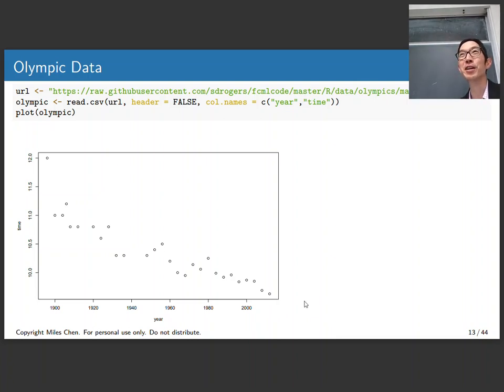I mean, certainly not forever; there's got to be some leveling off, but I don't know. They release new shoes, they figure out new materials to make the track out of, and I guess we can eke out a tiny bit of performance here and there. But this is what we have, and we might say, let's fit a trend line to this data.